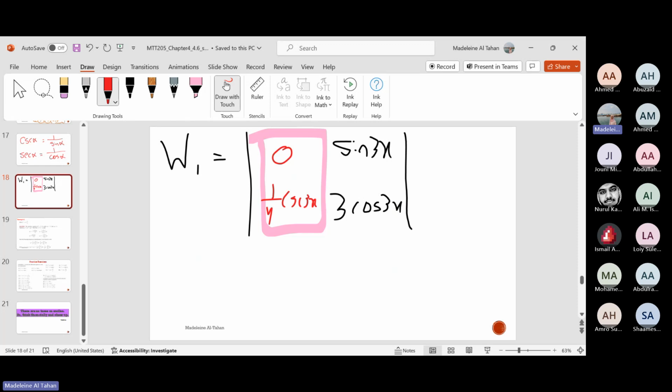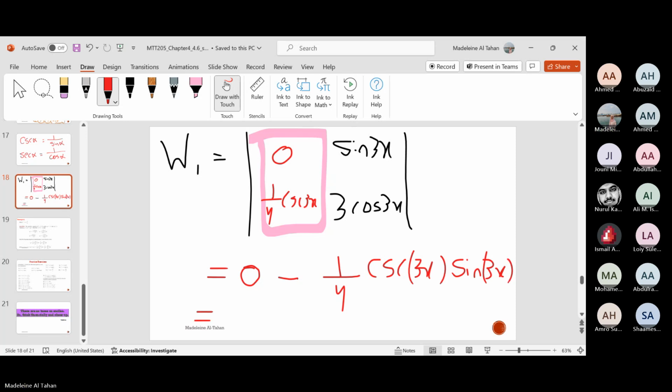Find the determinant. Let's find W1. What will we get W1 as? 0, 4, minus 1 over 4 cosecant 3x sine 3x, right?